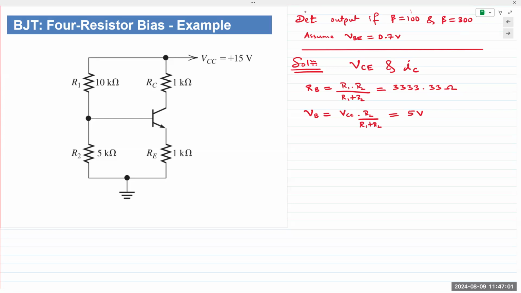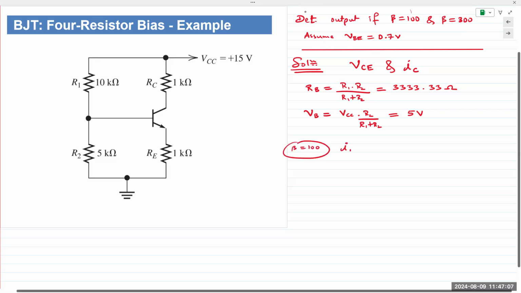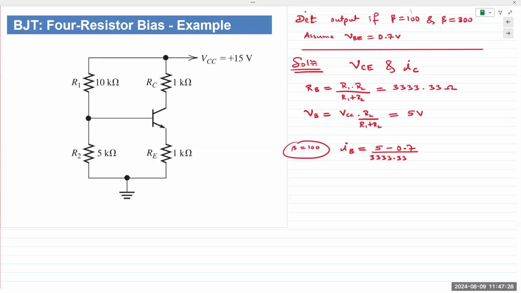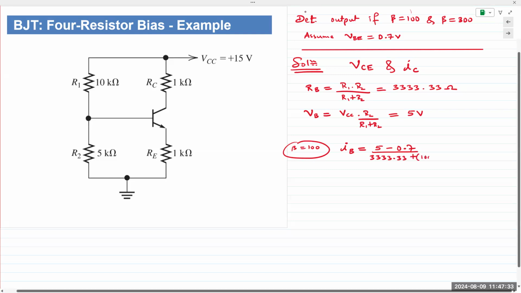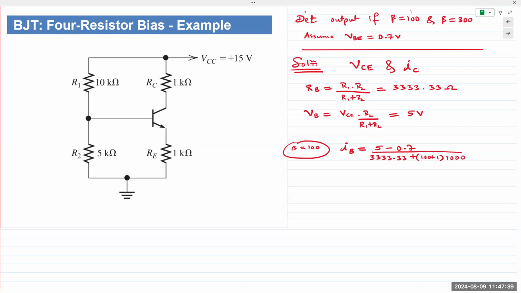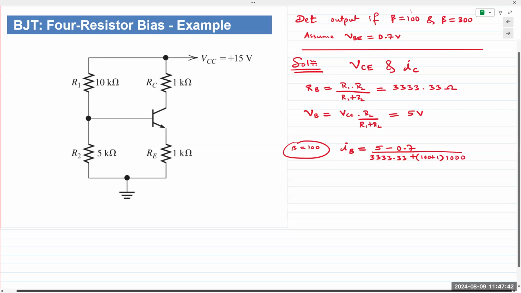So if beta is 100, my IB from the standard equation is VB minus VBE, which is 5 minus 0.7, divided by my RB 333 plus beta plus 1, so 100 plus 1 times RE 1000.